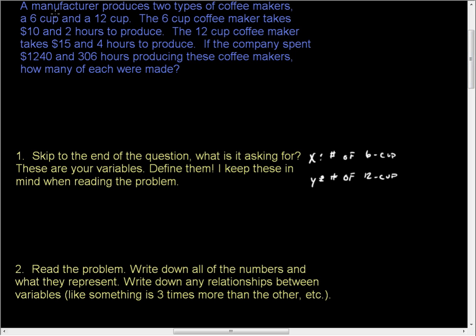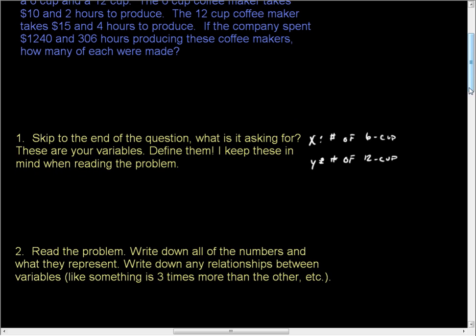Okay, so now we have a manufacturer produces 2 types of coffee makers, a 6 cup and a 12 cup. The 6 cup coffee maker takes $10 and 2 hours to produce. The 12 cup coffee maker takes $15 and 4 hours to produce. If the company spent $1,240 and 306 hours producing these coffee makers, how many of each were made?